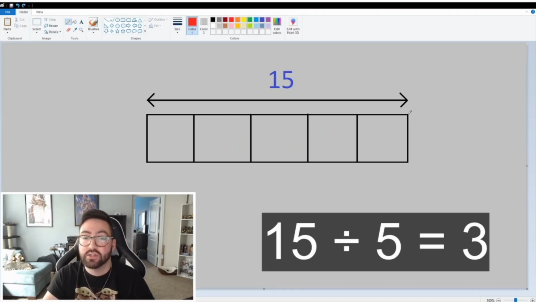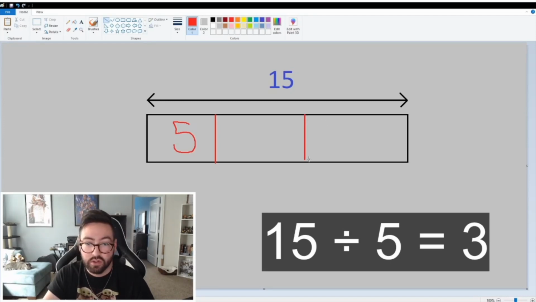Now the other way to do it would be, instead of having 5 groups, to have groups of 5. So what that would look like is you would have one group here, and that would be a group of 5. Then I would create another group of 5 because I have to get my total of 15.